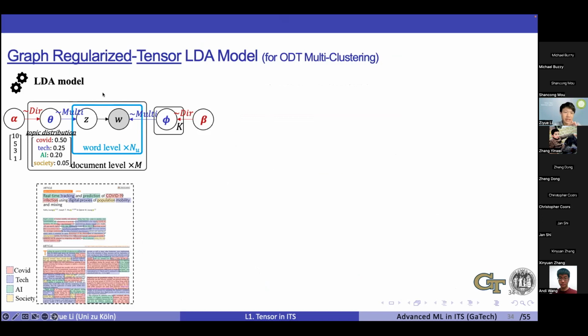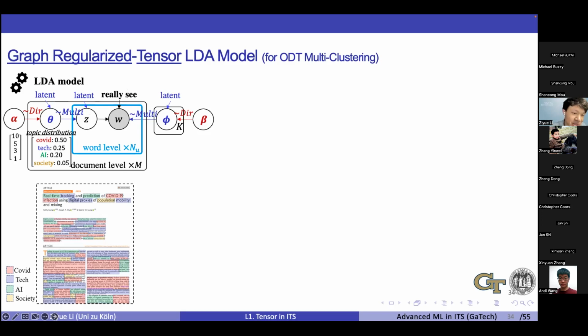So this is the generative process of the LDA model. What we really see is only the words, but the potential topics and so on are all latent variables. So how do we generate the word that we really see?